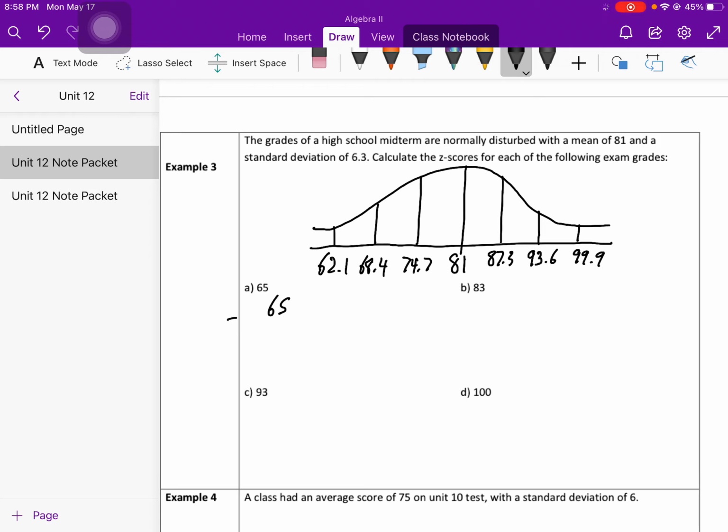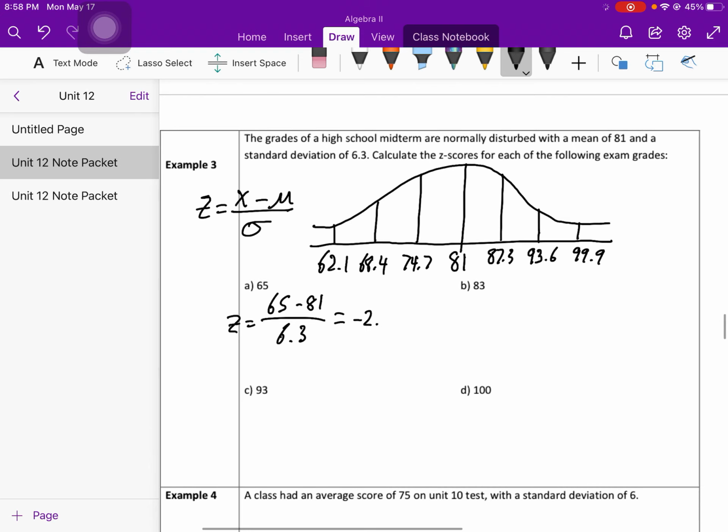So this is going to be 65, or z equals 65 minus the average is 81. I'm going to write the formula up here again. And then sigma this time is 6.3. So we are going to get some decimals, but if you type this in your calculator, it's about -2.54 standard deviations if we just round that off.